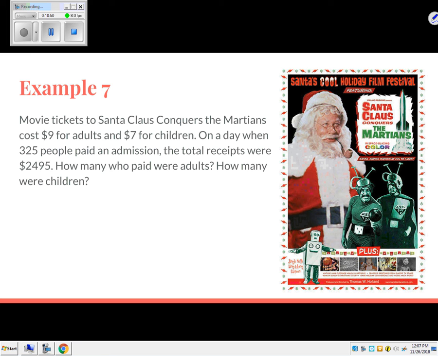But in order to get into this movie, it costs $9 for adults and $7 for children. So on a day where 325 people paid an admission, the total receipts that they pulled in were $2,495. Using this information, I want to know how many people that paid were adults and how many were children.